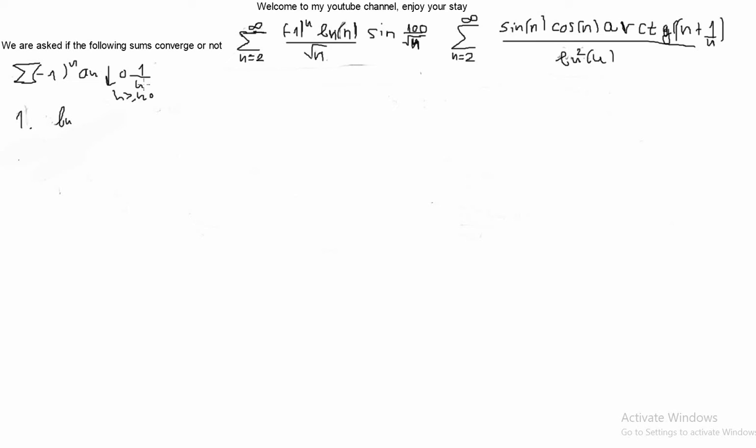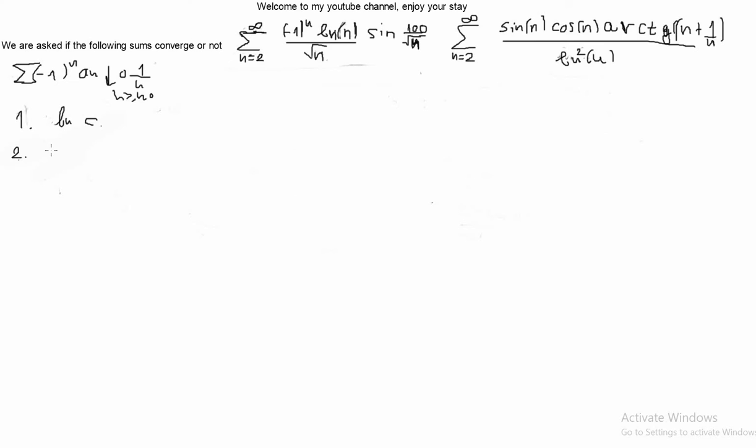This is our b_n in this case. That converges, and the second condition is that the function the series is multiplied with is monotonic and bounded.